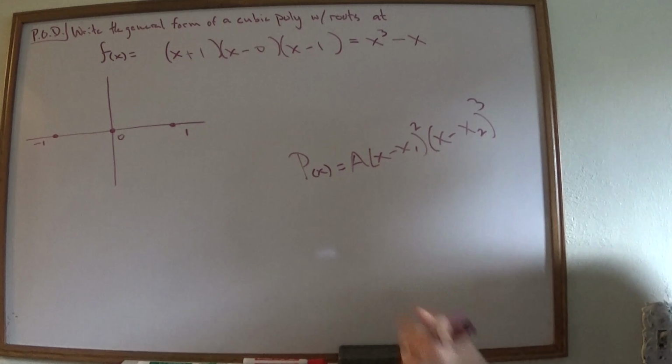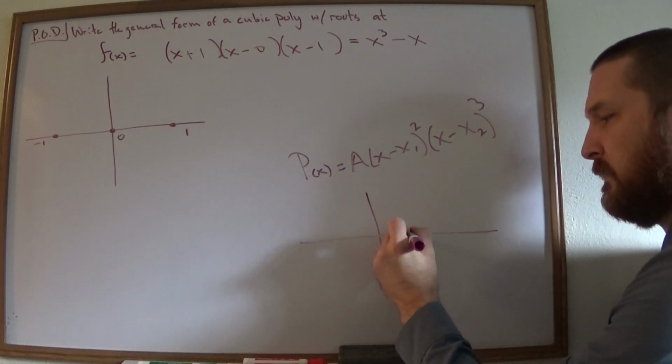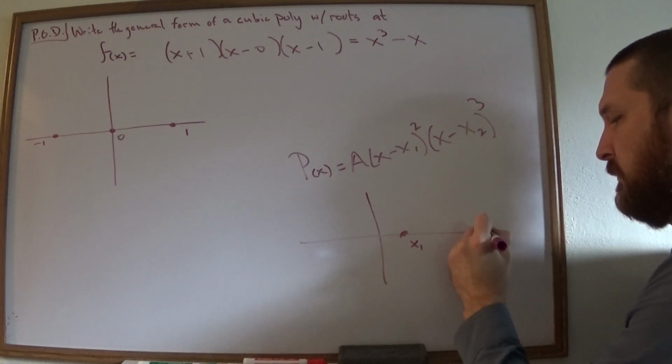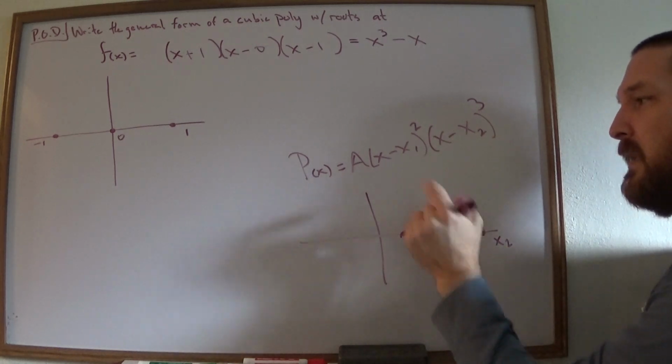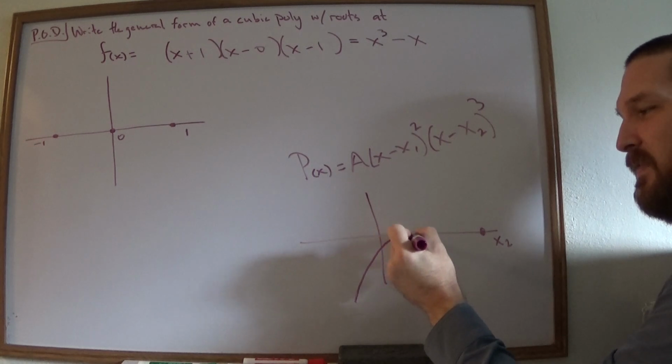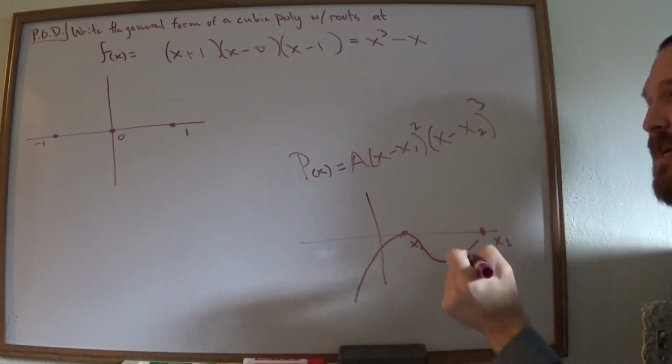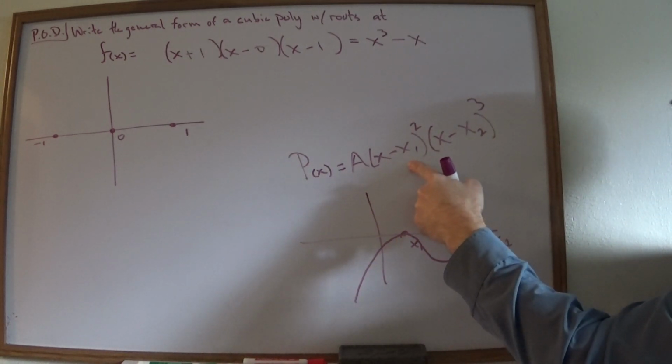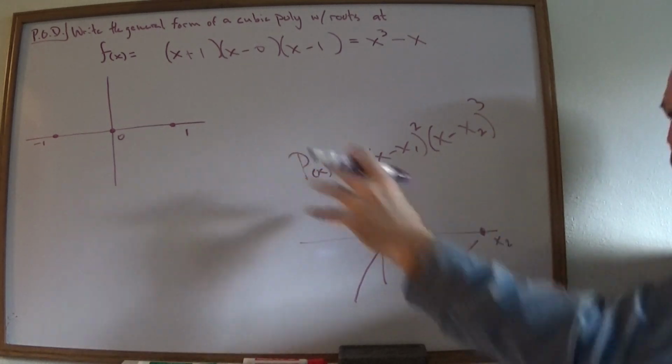When it passes over x1, the only way he could bounce back is if it's an even number, right? Because then the actual polynomial doesn't change sign. Remember that? Right. That's how we derive all that.